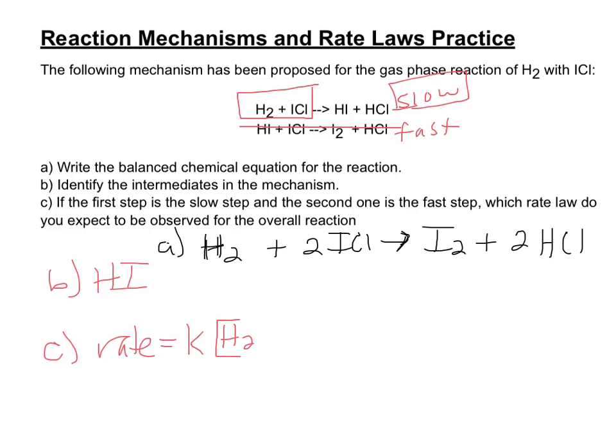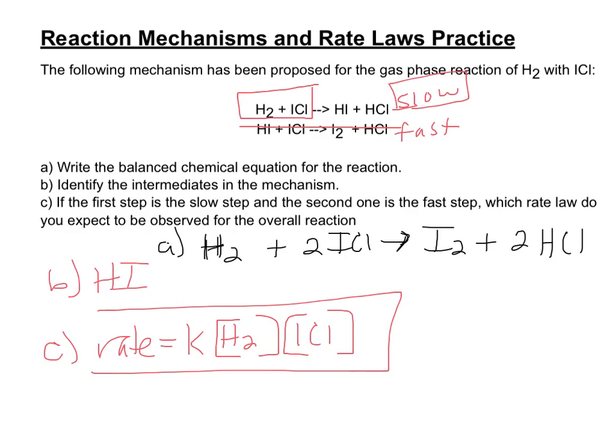So I have the concentration of H2 times the concentration of ICl. And this would be the rate law that would govern this reaction just based on these two elementary steps here. So just, gentlemen, that's how you do A, B, and C of this reaction. Now, when you're given multiple steps here, like 1 and 2, you would determine the rate law here using molecularity.